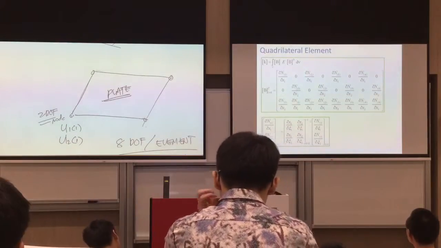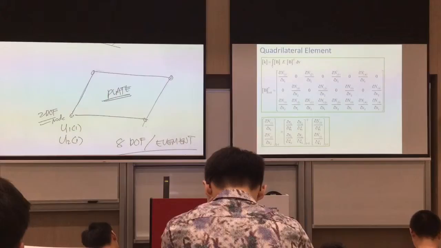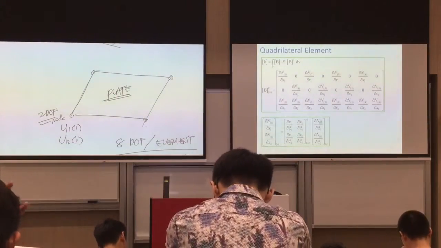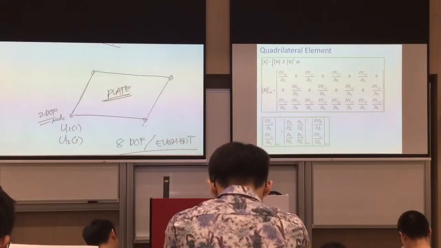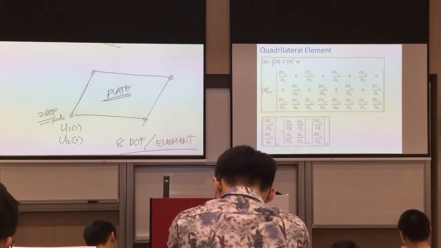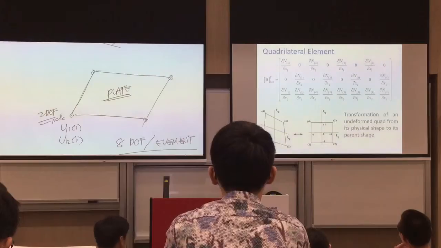Take the derivative of that shape function with respect to C. That is, shape function will be a function of C. So take the derivative of your shape function with respect to C and multiply it with this Jacobian. Nothing more.